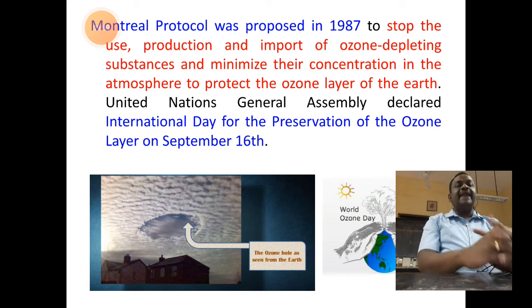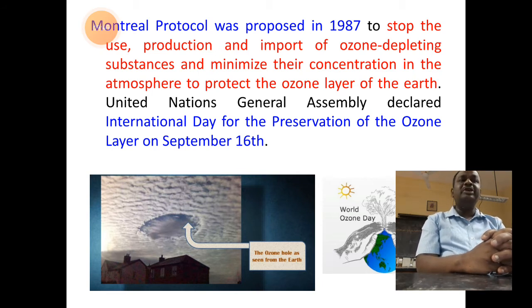It was in 1987 that the Montreal Protocol was proposed to stop the usage of ozone depleting substances and protect the ozone layer of the earth.